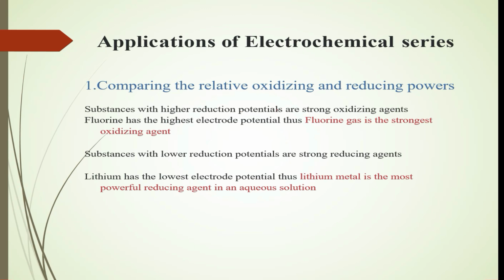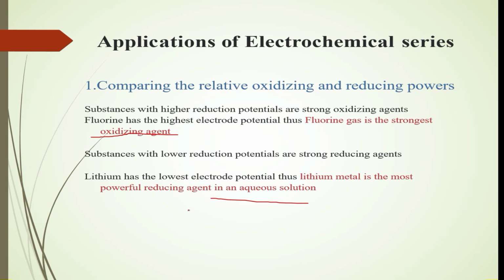Substances with higher reduction potential are strong oxidizing agents. Fluorine has the highest electrode potential, so fluorine is the strongest oxidizing agent, and lithium metal is a more powerful reducing agent in aqueous solution.